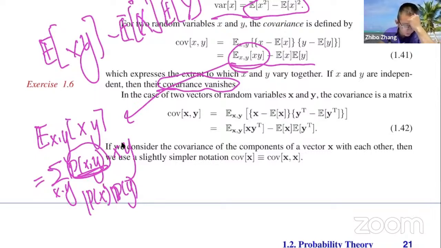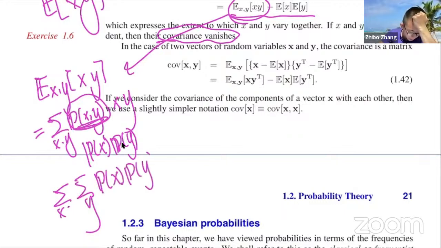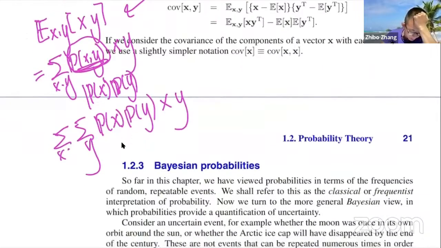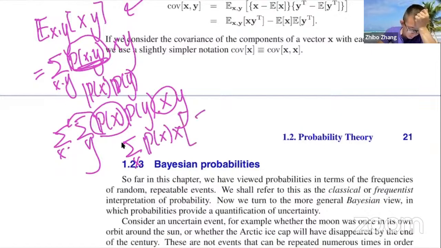If you rearrange this, let's take these two parts on the far left, which is x p(x), and then y p(y).